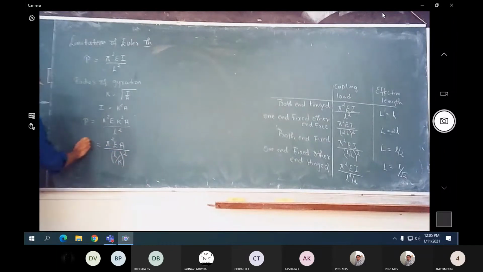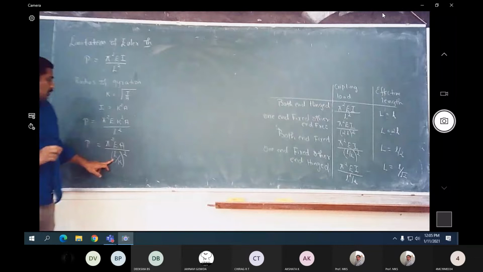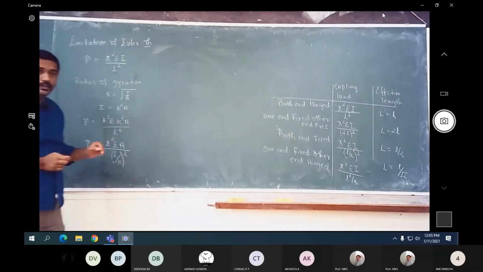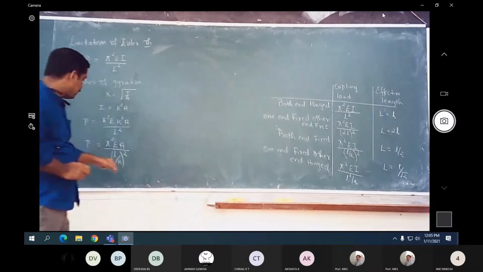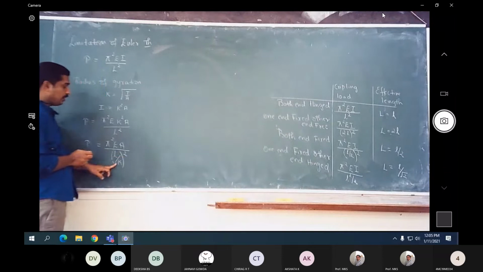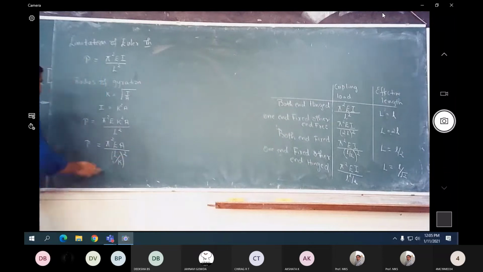This ratio of the effective length of the column to the least radius of gyration, we call it the slenderness ratio. We have done it in the first class in theory class. This ratio is called the slenderness ratio for a column.